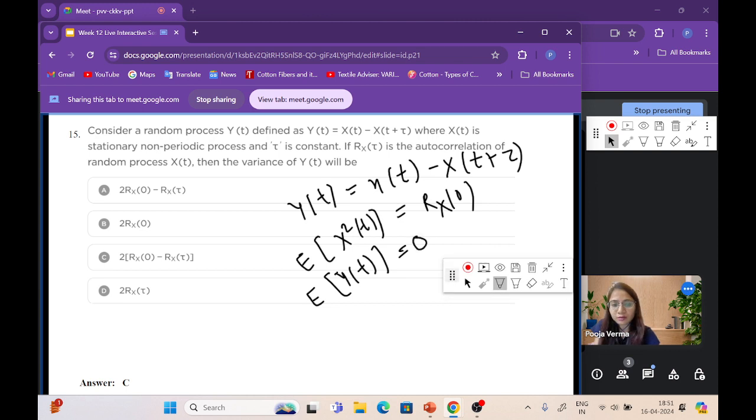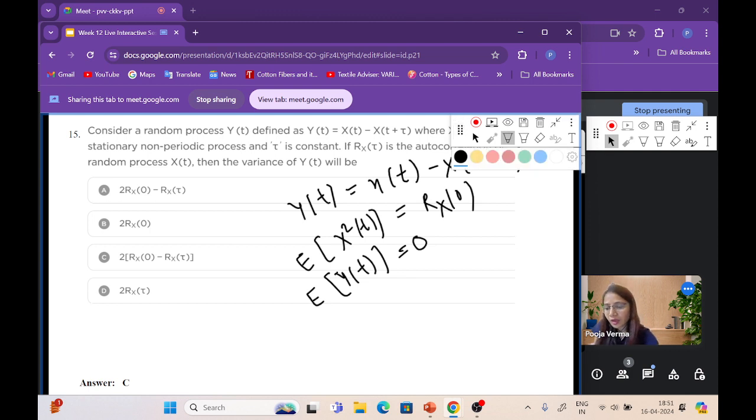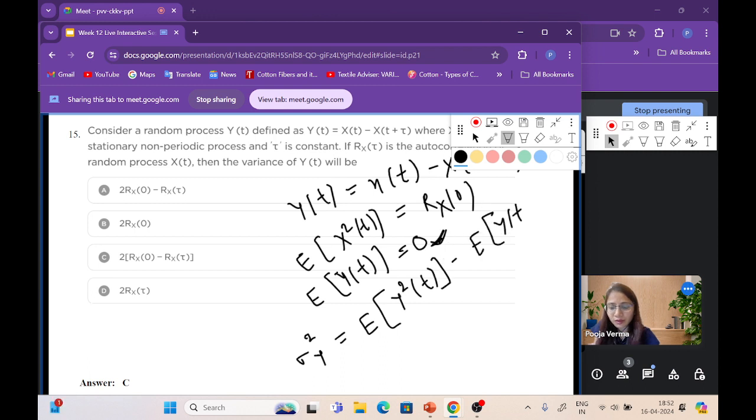Now we can assume that the mean of y of t is equal to 0. Then how can we find out the variance of y of t? So the variance of y of t is represented by the expectation of y square t minus the square of the expectation of y of t. It is the formula for finding the variance. It is given that the expectation of y of t is equal to 0.